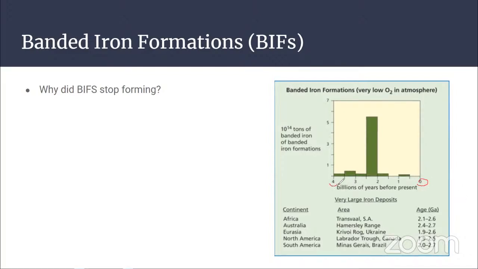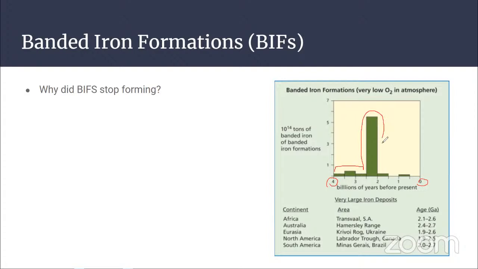Here we see 4 billion years ago, so near the beginning of the Earth. What we see is that for a couple billion years, so 2 or 3, we really don't have these banded iron formations. So we don't have this signature of there being a bunch of oxygen in the atmosphere.